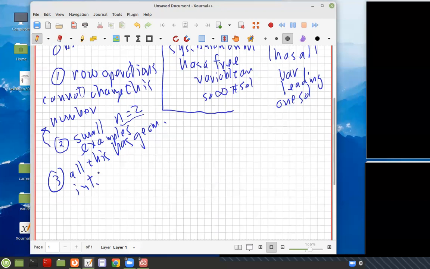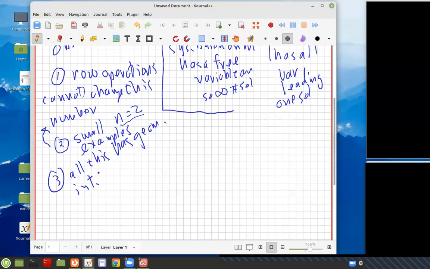So from the matrix, you can get a particular volume in space, or area if it's two-dimensional, and that is going to be the value of the determinant, and so there's going to be a geometric interpretation.